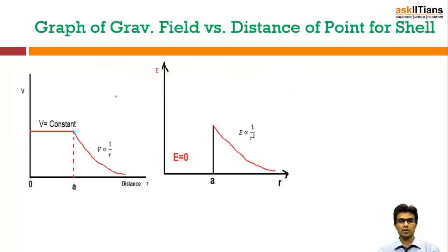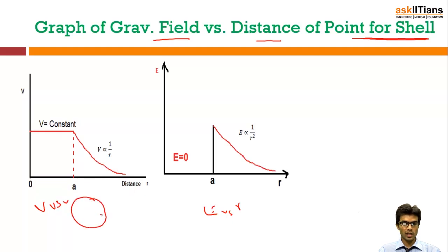Now the graph of gravitational field versus distance of the point from the shell. So this is V versus r, this is E versus r. Gravitational potential versus distance: for the hollow shell, when r is inside, V is constant. For outside, V is inversely proportional to r.